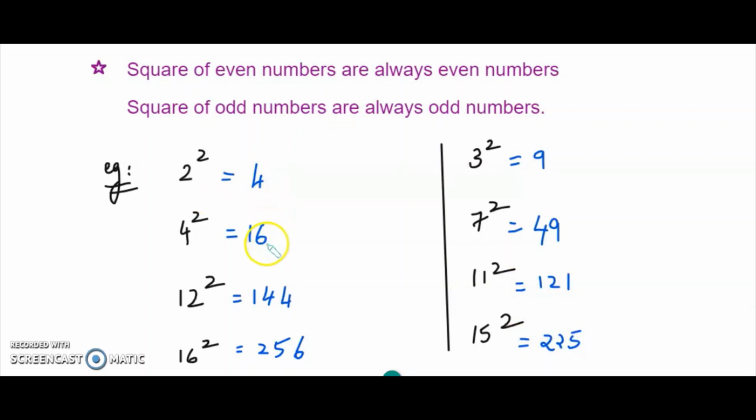Look at these numbers 4, 16, 144, 256. These are even numbers. So the perfect square is even when the number itself is even. Here 3, 7, 11, 15 are odd numbers. The squares of these odd numbers are also odd, like 9, 49, 121, and 225.